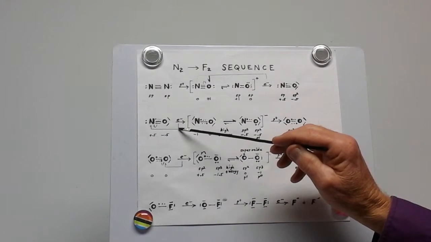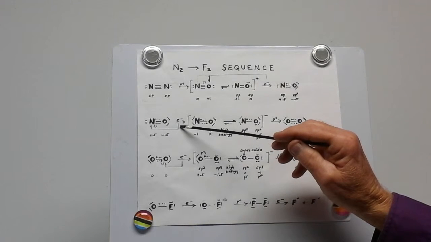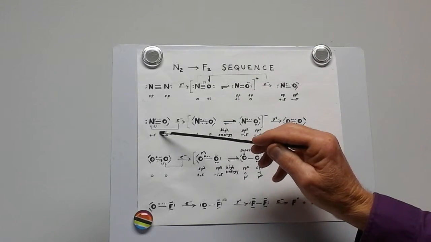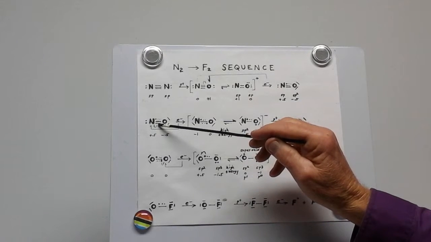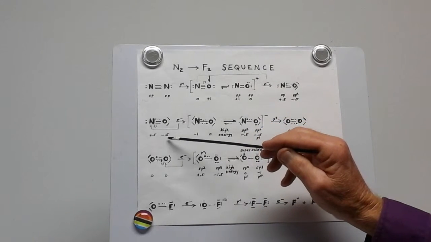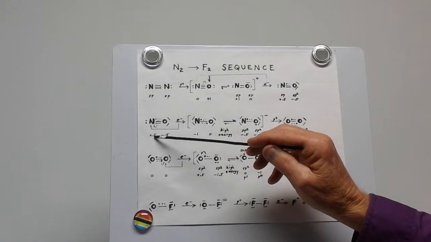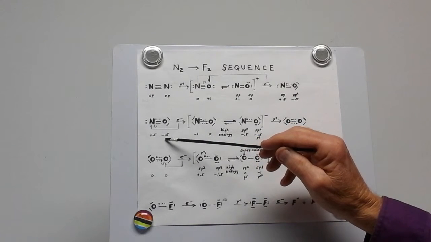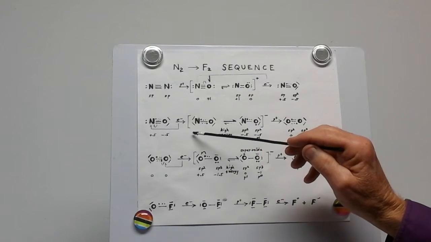We take and add an electron to the NO, and it's going to come over to this nitrogen. You're going to break this bond. At this point, again, 0.5 plus 0.5 minus.